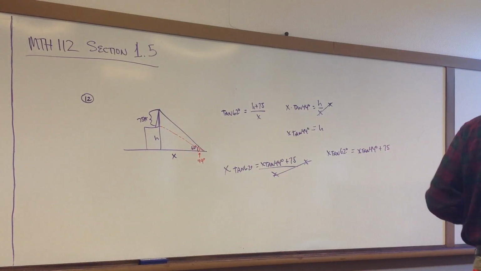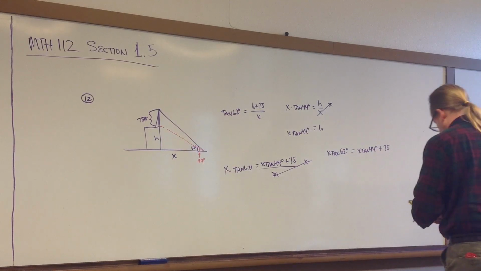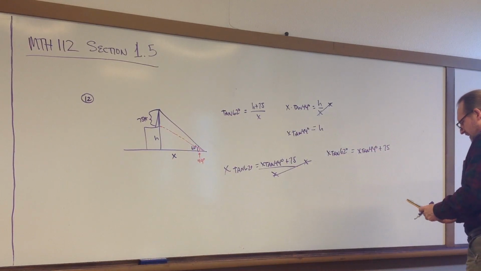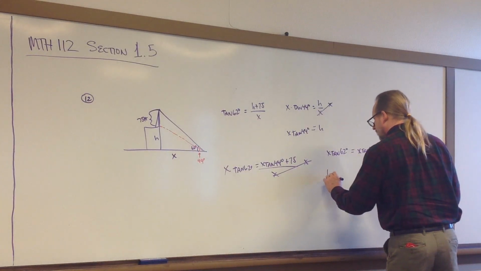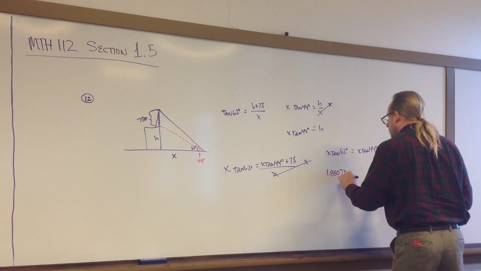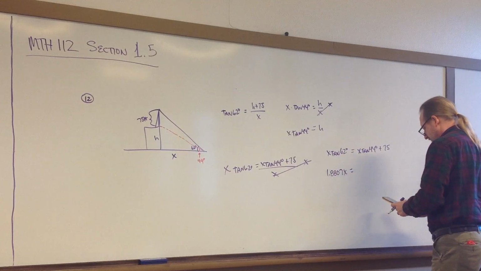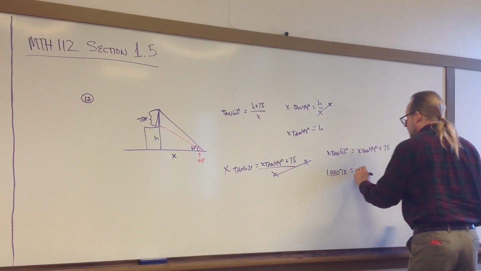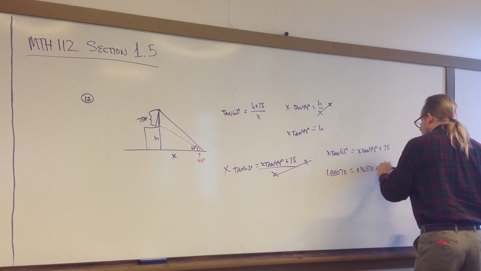Okay, so let's get some approximations. Tangent 62 degrees, 1.8807 x equals, and then tangent 44, 0.9657 x plus 75.